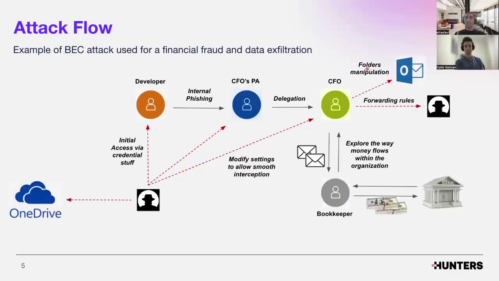In addition, he can try to exfiltrate some data via OneDrive using the credentials of the CFO, and also modify settings to allow smooth interception in the future. For example, he can manipulate folder permissions like inbox, RSS, etc., and also create forwarding rules, inbox rules, and others.